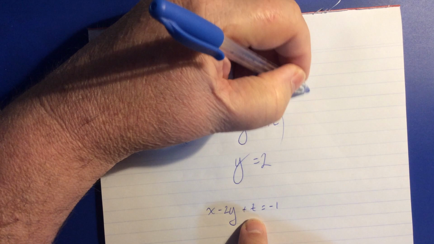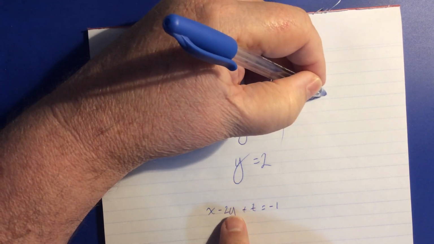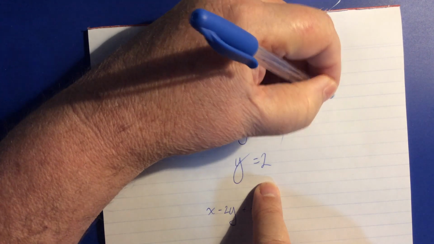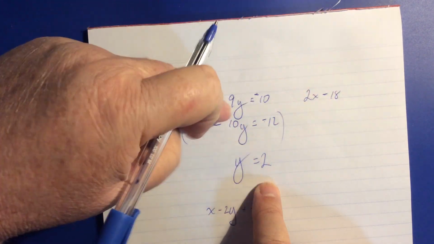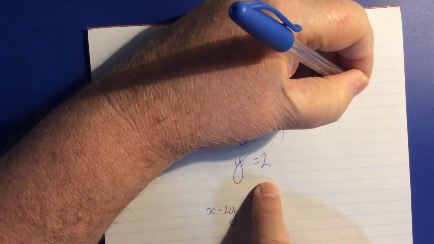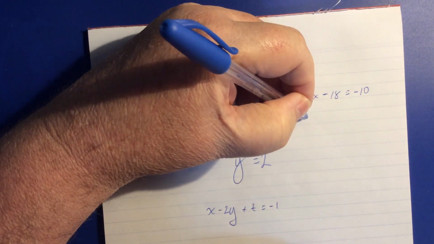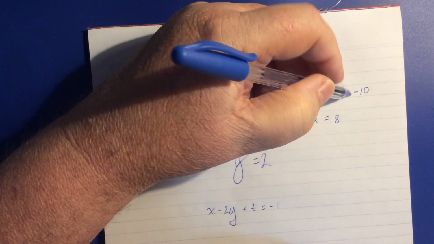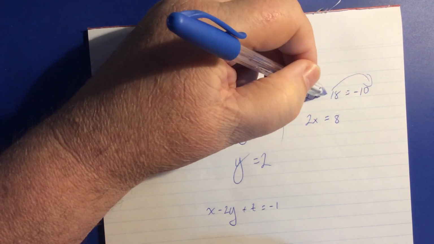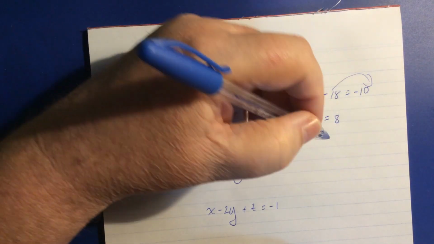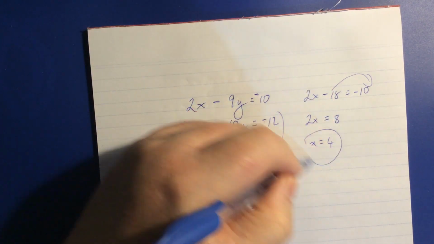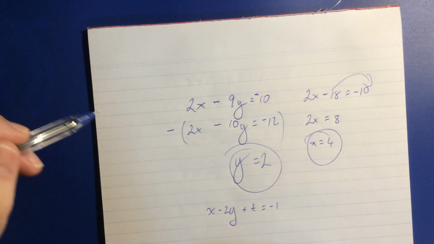And that's relatively simple. 2x minus 9 times 2, which is 18, equals -10. 2x is equal to 8. Simply move the 18 over there. That gives me positive 8. X equals 4.